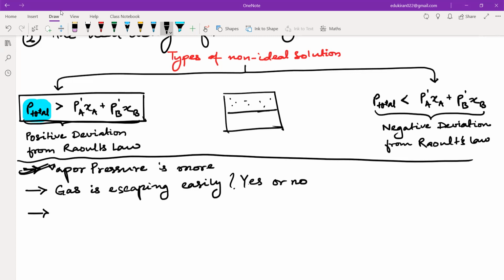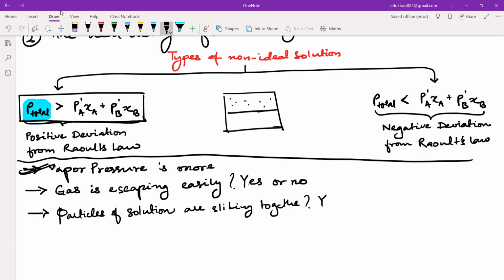That means particles of solution are sticking together. Yes or no?